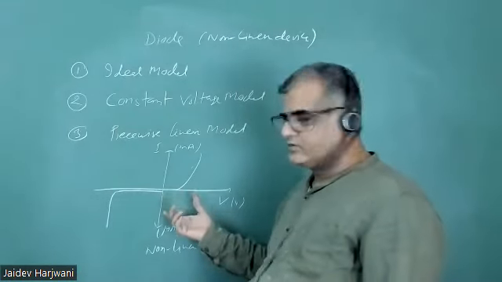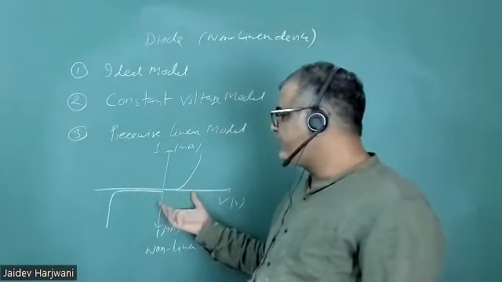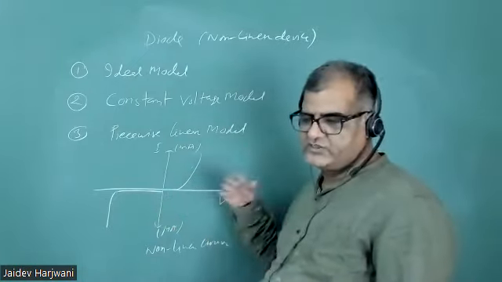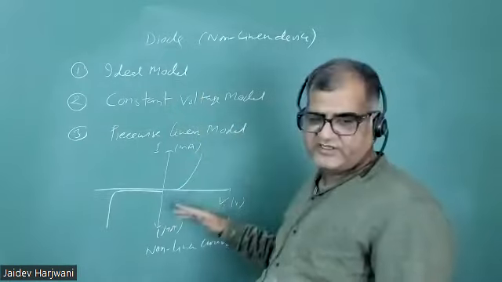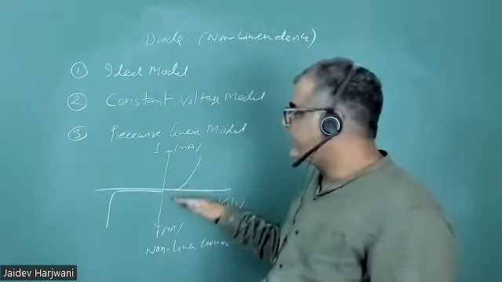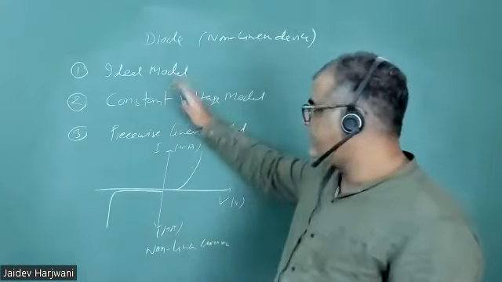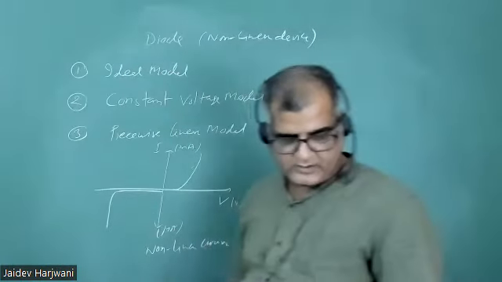This is the actual characteristics, but we will use a model which approximates this IV characteristics, and using that model only we will try to deal with the diode in the circuit. That I will discuss tomorrow. So here I'm stopping.